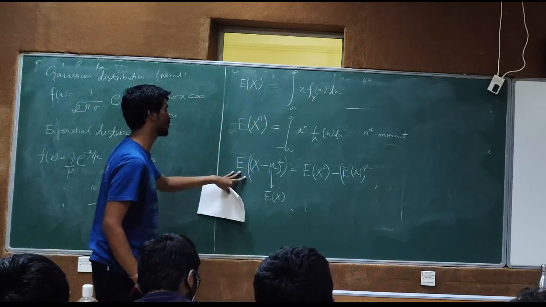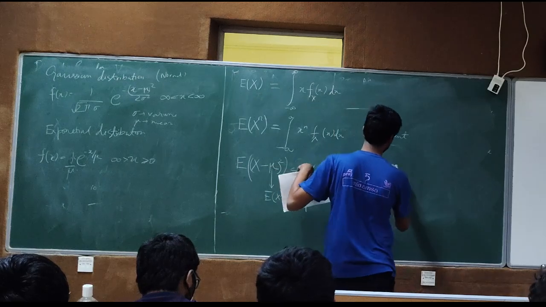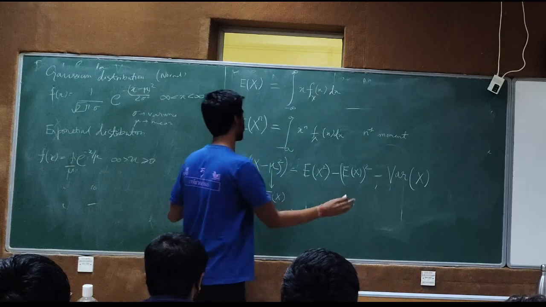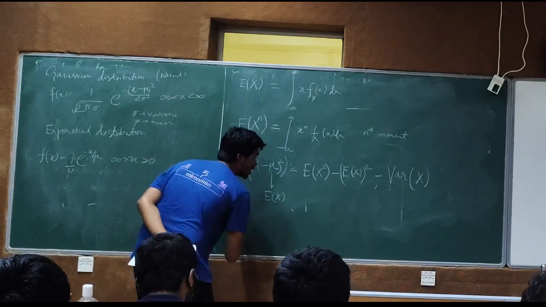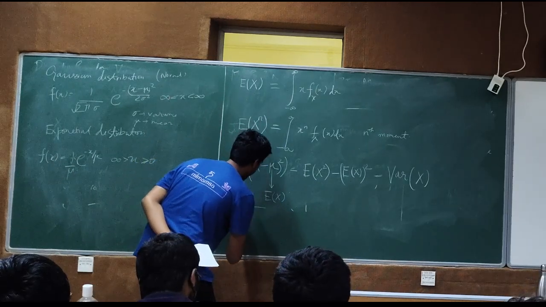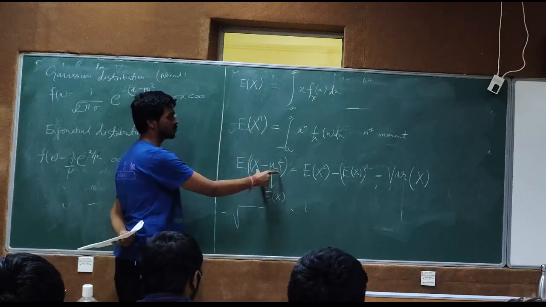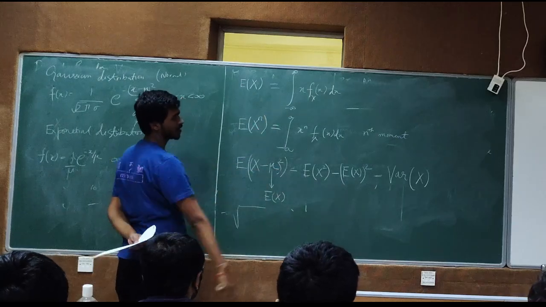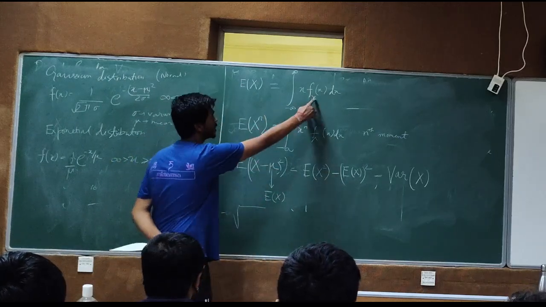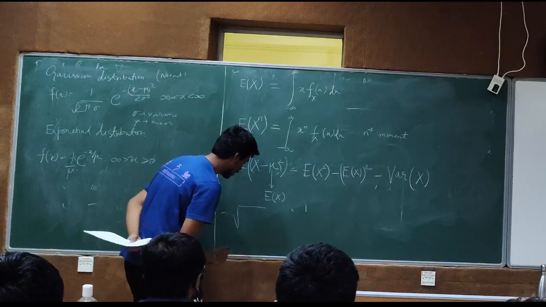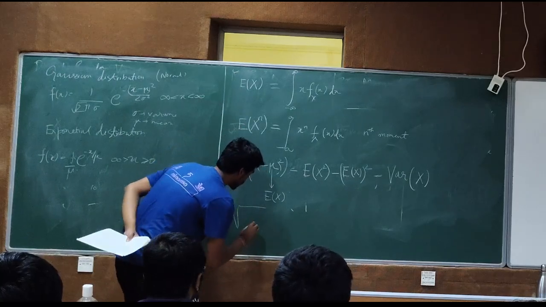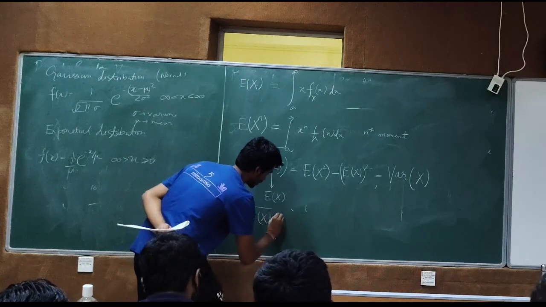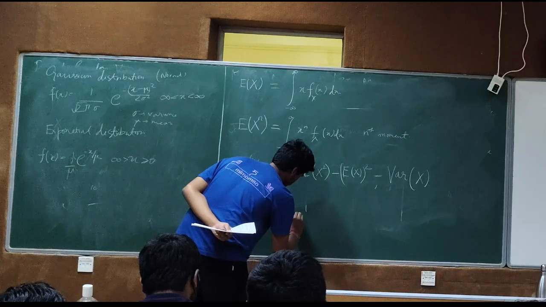You see that variance will always be a positive quantity because this is a square and your probability distribution function is always positive. So you can define the square root of the variance.